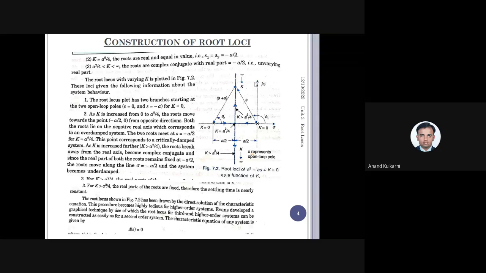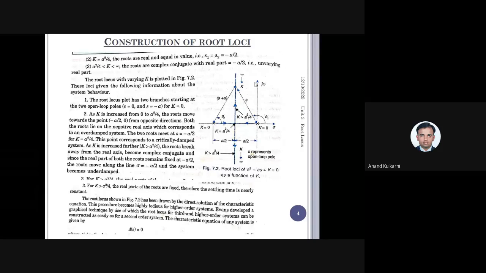That means from that you can design the system also, because in the design you have to select the value of k properly. If you intend to make this system overdamped, then choose the value of k below a by 2 whole square. If you want to make the system critically damped, then choose the value equal to a by 2 whole square. And if you want to make the system underdamped, then choose the value greater than a by 2 whole square.